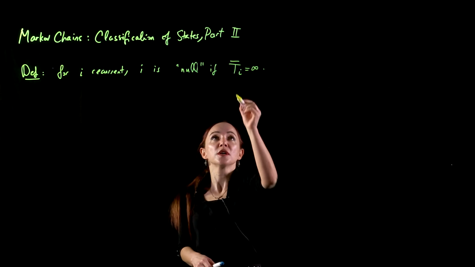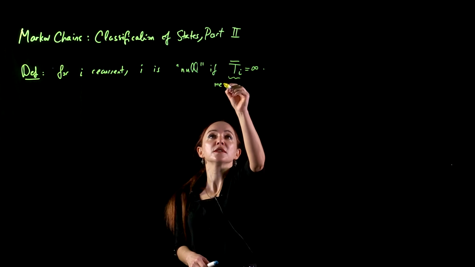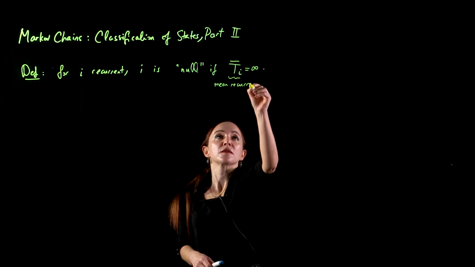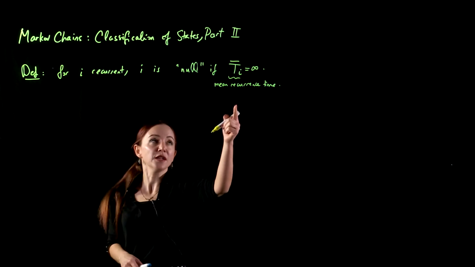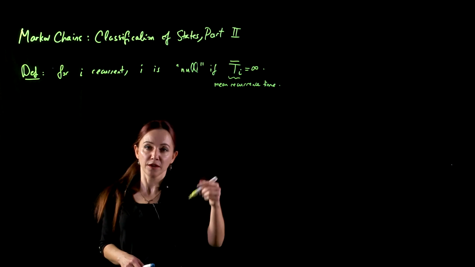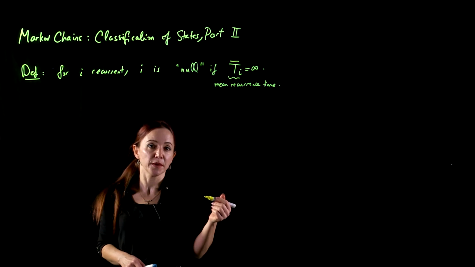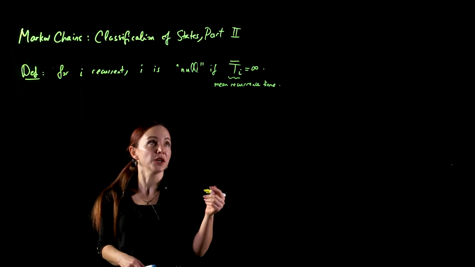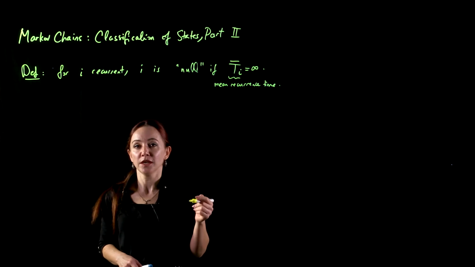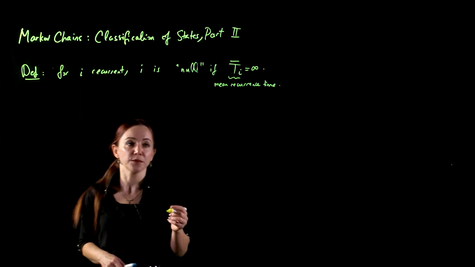In other words, the mean recurrence time is infinite. This cannot occur in a finite state space, in other words, a finite state Markov chain, but it is possible in a countable state Markov chain.